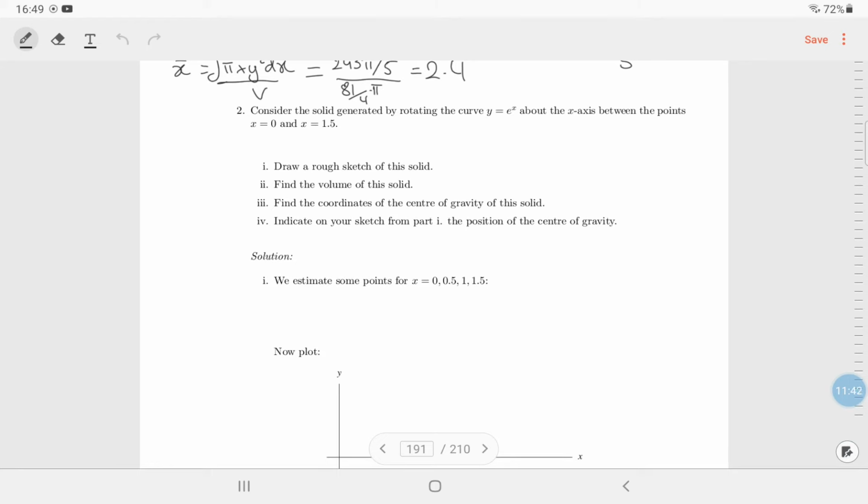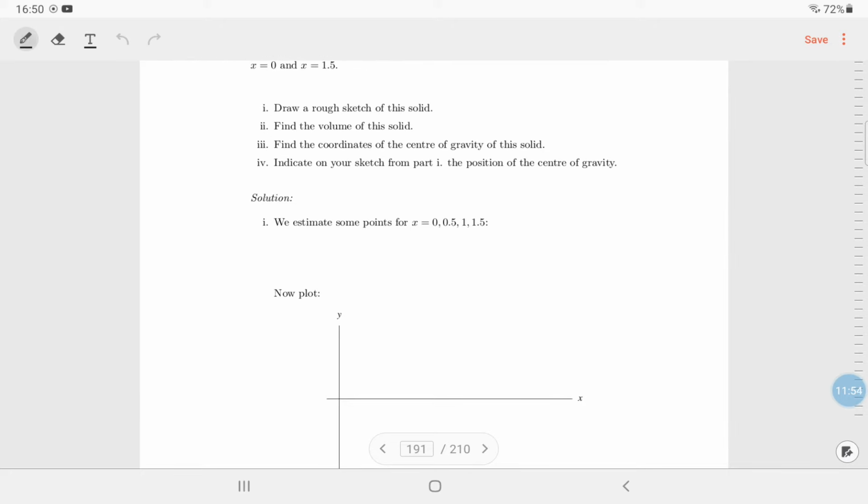Consider the solid generated by rotating the curve y equals e to the x about the x-axis between x equals 0 and 1.5. So the usual thing: draw the sketch, find the volume, find the coordinates, indicate on your sketch. We'll estimate some points here, maybe just to 1 decimal place.